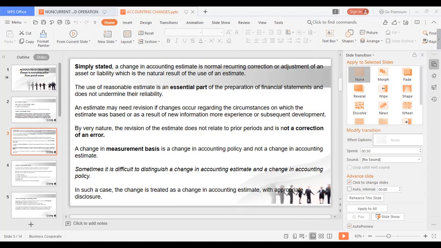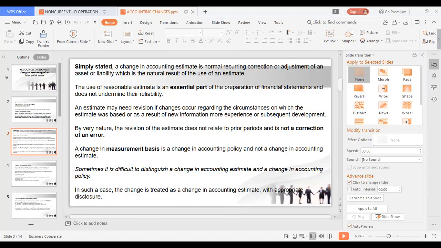What is the carrying amount of the equipment? So we have for January 1, 2020. Initially, the carrying amount on January 1, 2020 is 2,560,000.